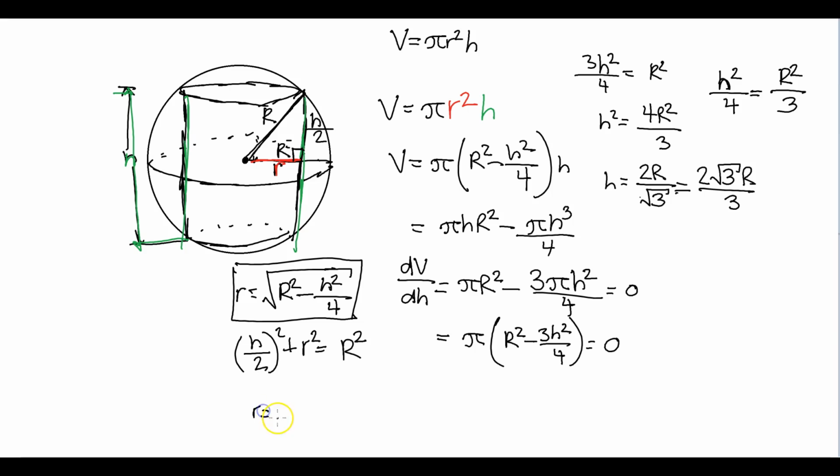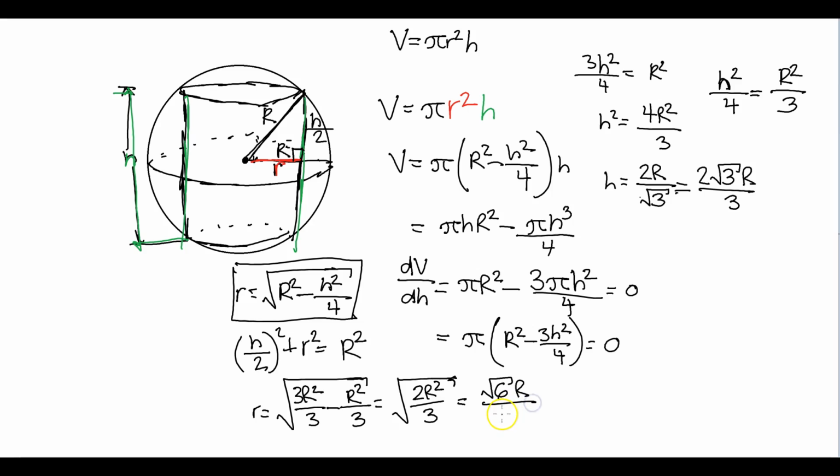So r squared equals 3R squared over 3 minus R squared over 3, which equals 2R squared over 3, so r equals root 6 R over 3.